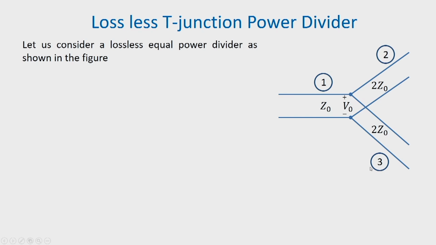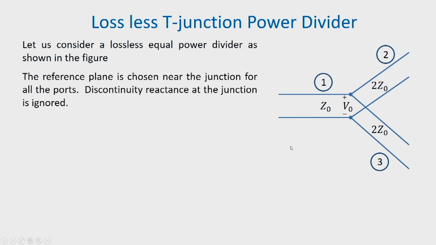and in order to match the input port, we will have to have the characteristic impedance of the transmission lines constituting port 2 and 3 be 2 Z0, so that the parallel combination of these two will be Z0, and therefore, port 1 will be matched.